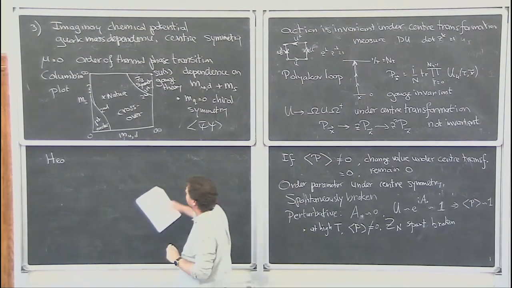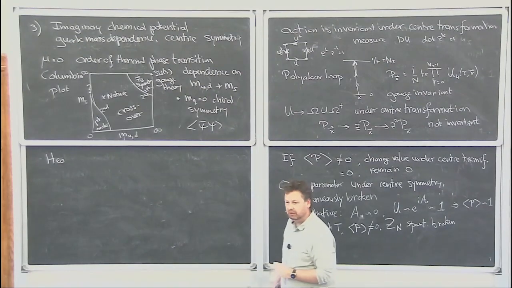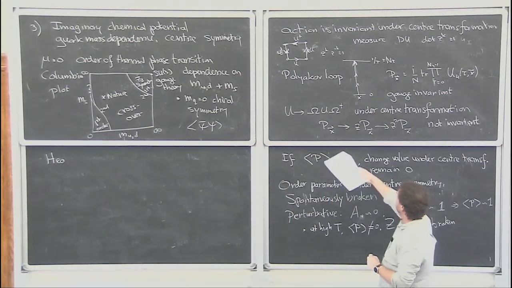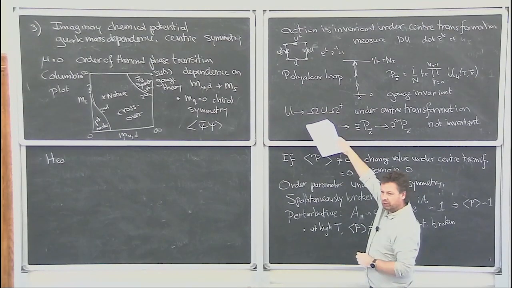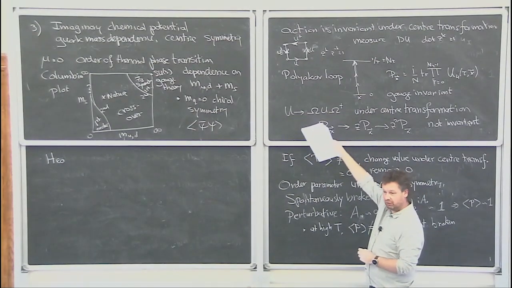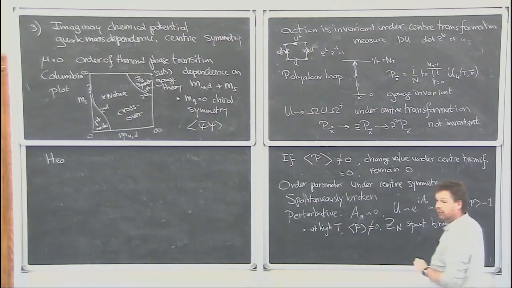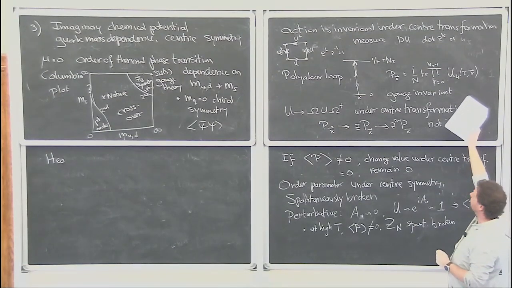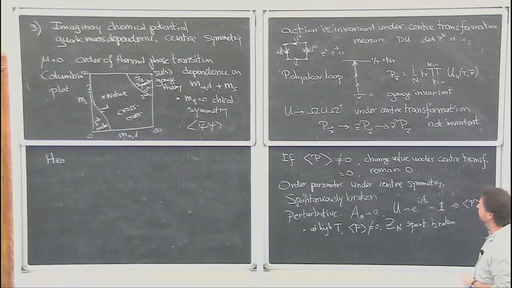Well, the elements are elements of SU(N). But it's not a gauge transformation, because it's not of this form. The links under a gauge transformation transform like this. So the action is invariant, but the Polyakov loop, which is gauge invariant, is not.